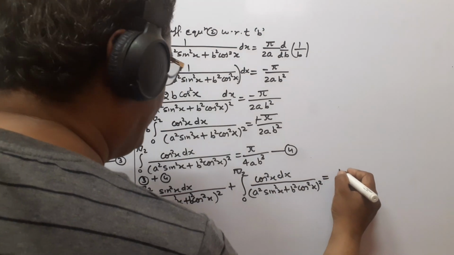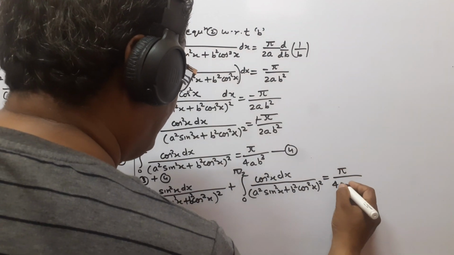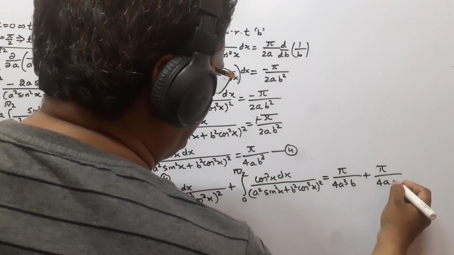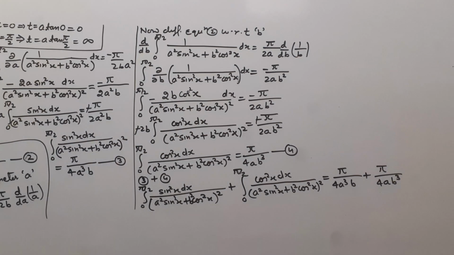This is equal to π/(4a³b) plus π/(4ab³). Here we add the integrals 3 and 4, and we get this.